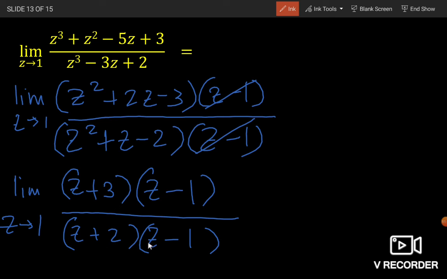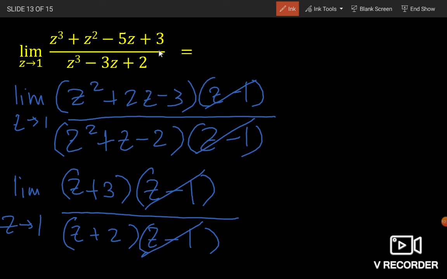Let's check. z times z is z squared. 2 times negative 1 will give negative 2. 2z plus negative z will give you z. So here you can see we can cancel z minus 1 over z minus 1. You have z minus 1 here, and another z minus 1 here. So let's cancel it. Oh, now it looks a lot simpler.